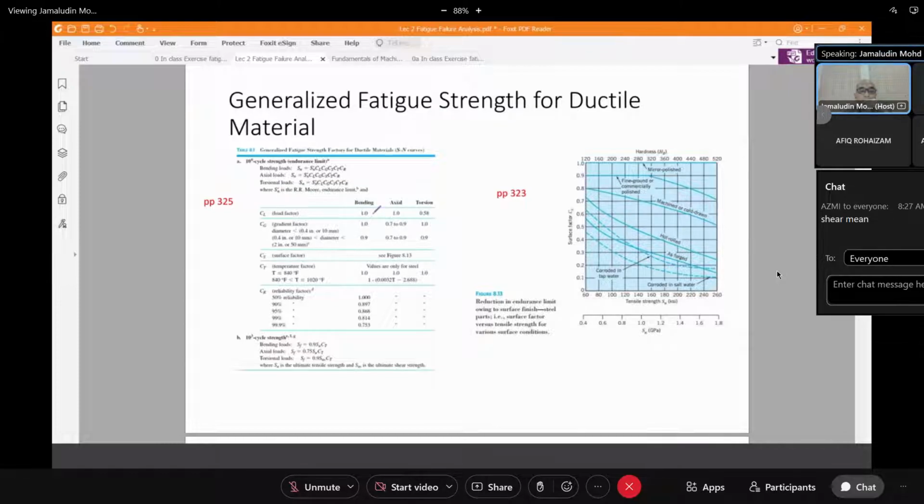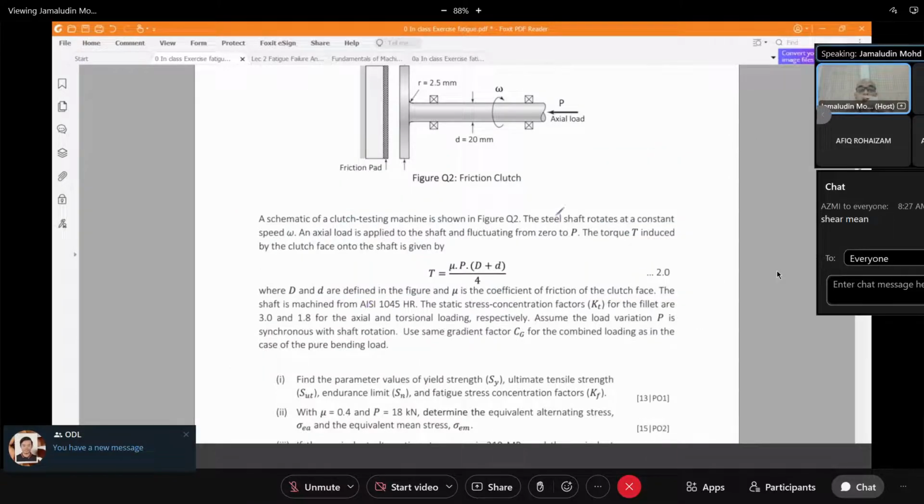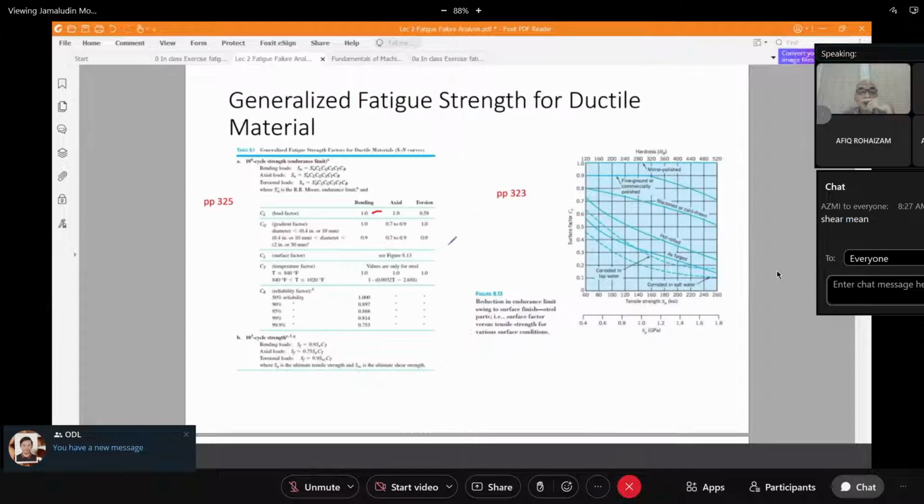Load will be 1.0 because it's bending, as you mentioned in the question. The size, with diameter 20, will be 0.9. Then for the surface, we look for the factor.